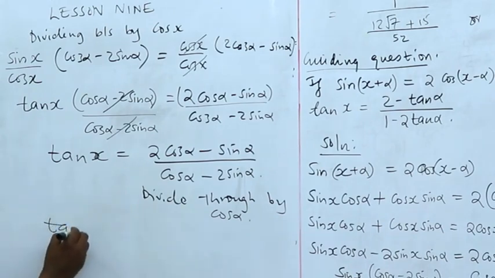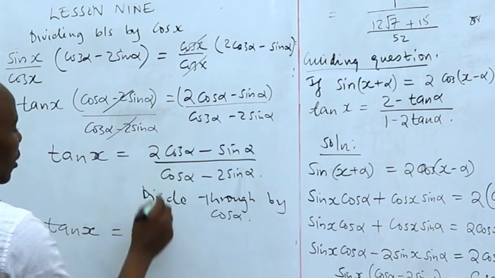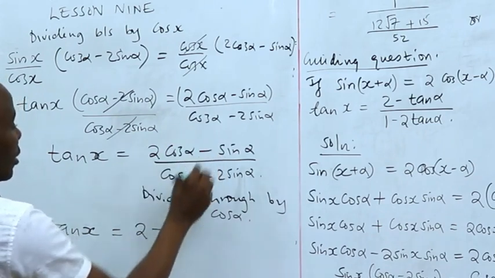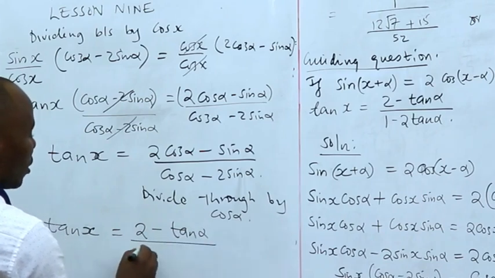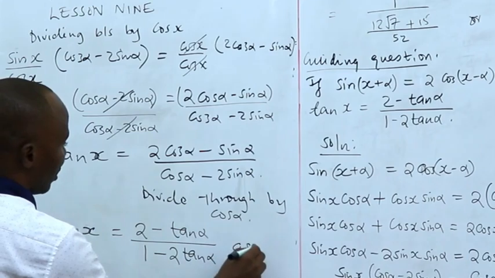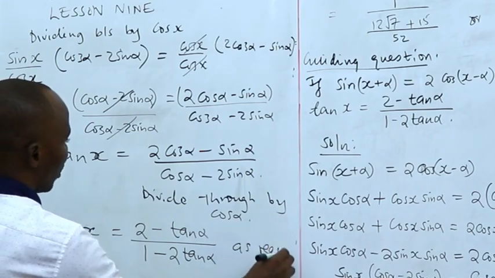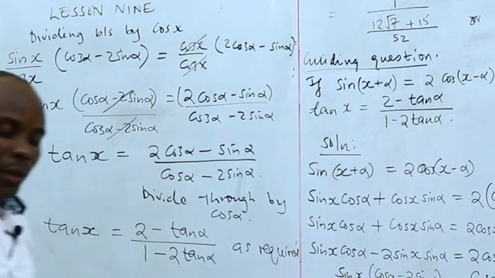So you'll have tan x is equal to, if you divide by cos alpha, the cos disappears. There you'll have 2 tan alpha over, here if you divide, this is a 1, there you'll have a minus 2 tan alpha as required.